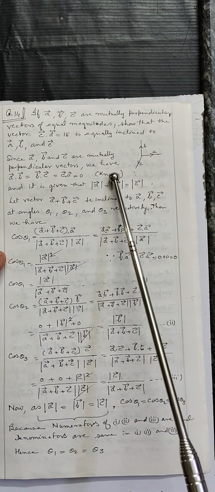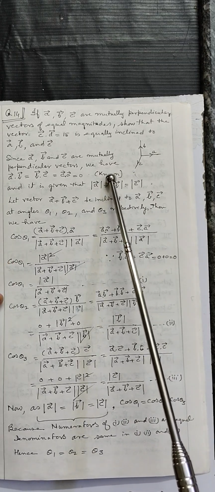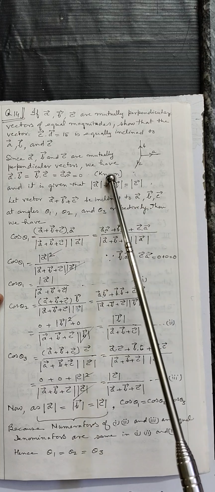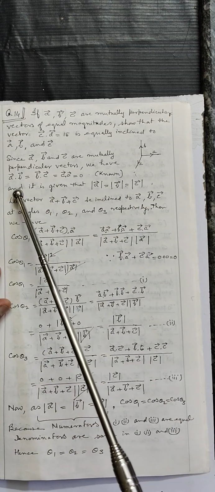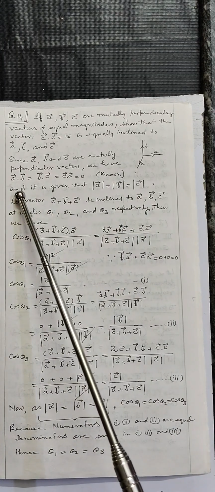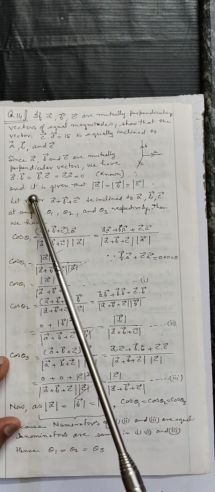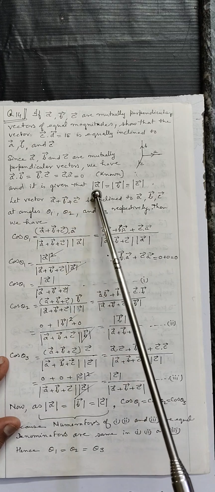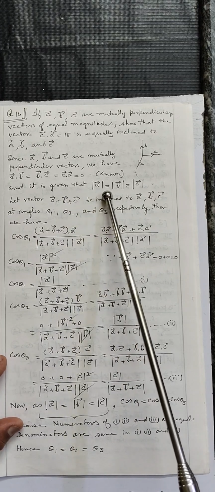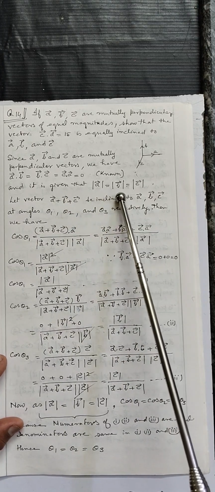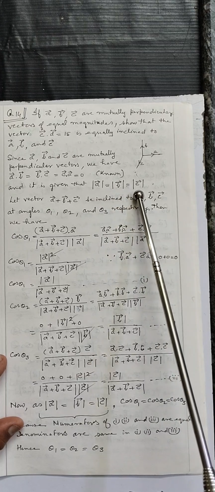It is known. जब परपेंडिकुलर टू ईच अदर होता है उस समय उन वेक्टर्स के जो डॉट प्रोडक्ट है दैट विल बी इक्वल टू 0 एंड इट इज गिवन दैट magnitude of the vector A is equal to magnitude of vector B is equal to the magnitude of vector C.